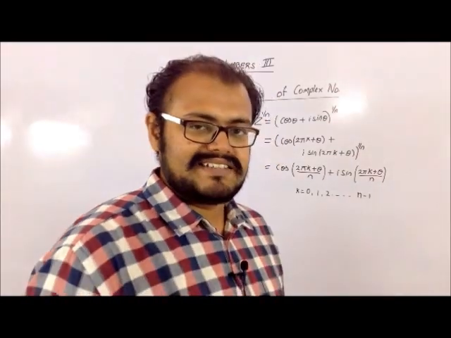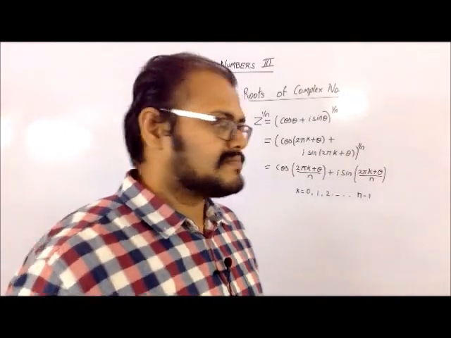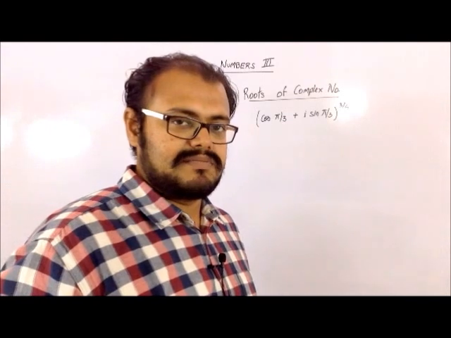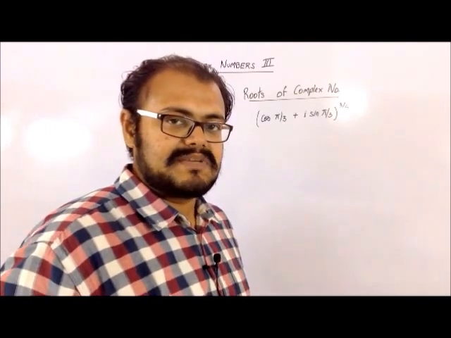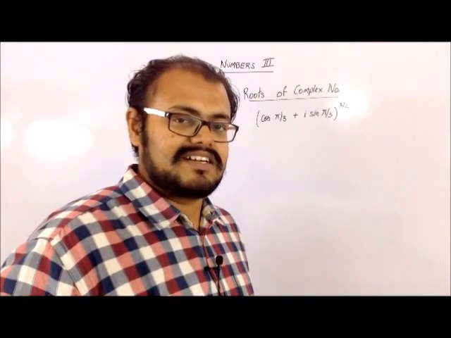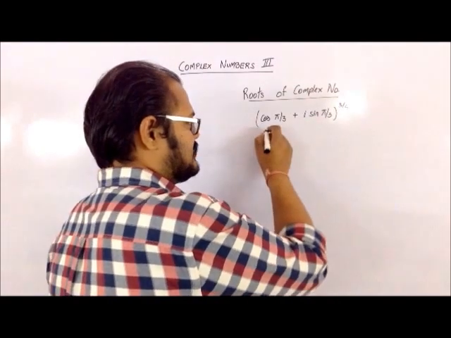Let us take a simple example of finding a root of a complex number. The question is to find the 3/4 root of the complex number cos pi by 3 plus i sin pi by 3. Whenever you are having such questions, first you take this 3 inside.